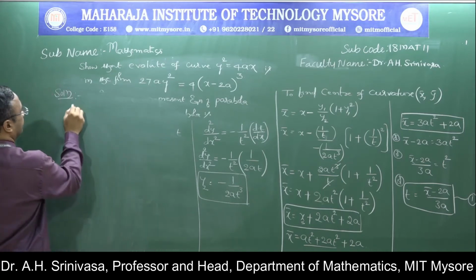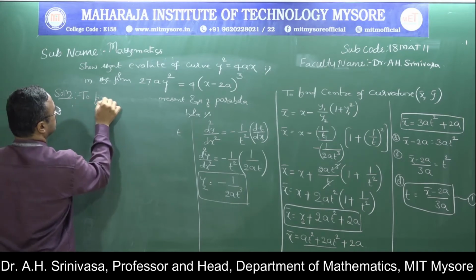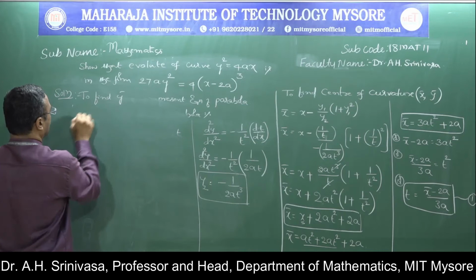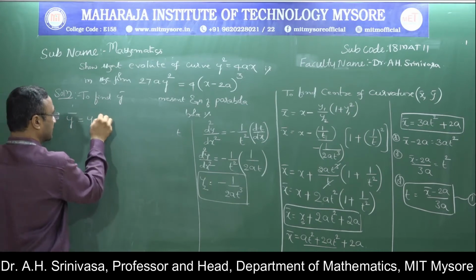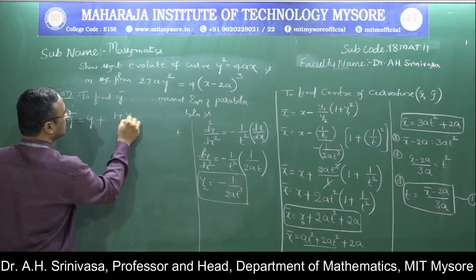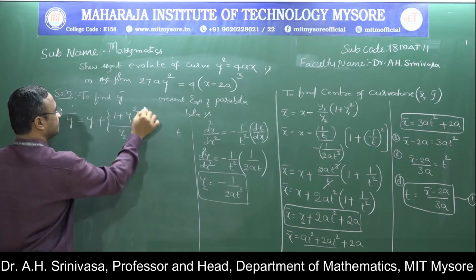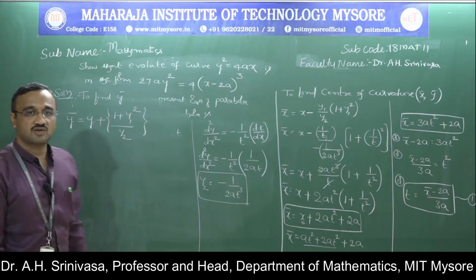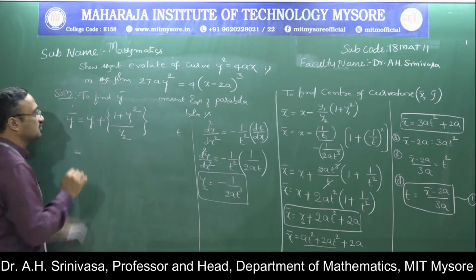Now to find y bar. What is the formula? Y bar equal to y plus 1 plus y1 square, then whole divided by y2. This is the formula for y bar. Then after that, you can substitute directly.